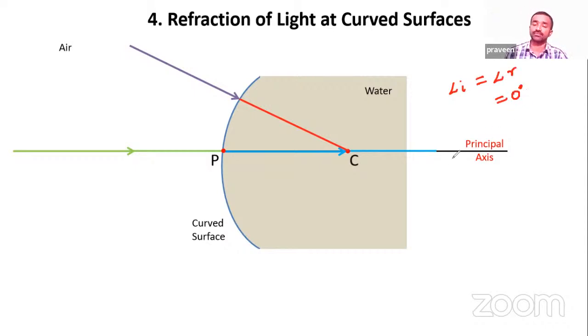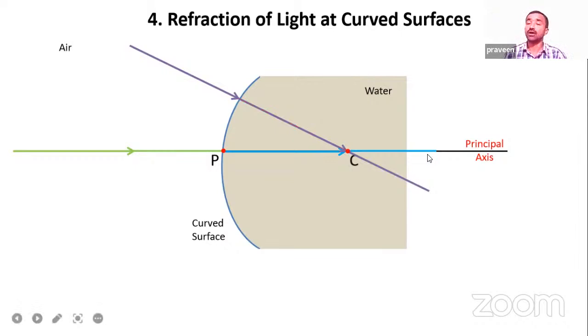So the light ray remains along the straight line. The light ray goes in a straight direction because the angle of incidence and angle of refraction are both equal to 0 degrees.